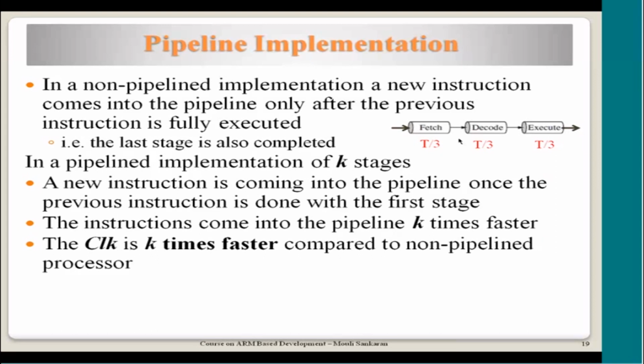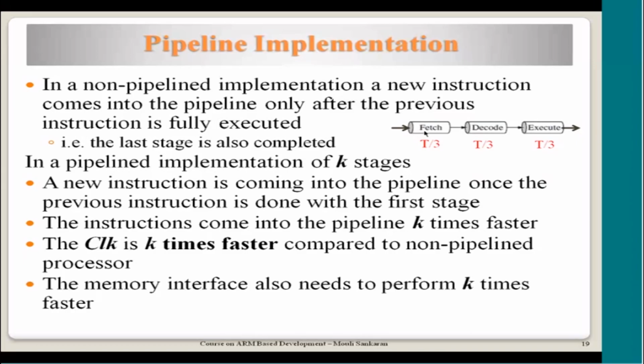Now what happens? The clock, which was originally across the whole stage, has to be much faster than before. Every clock, the information about the particular instruction is passed on to the next stage, so it has to be done at 3 times the previous speed.